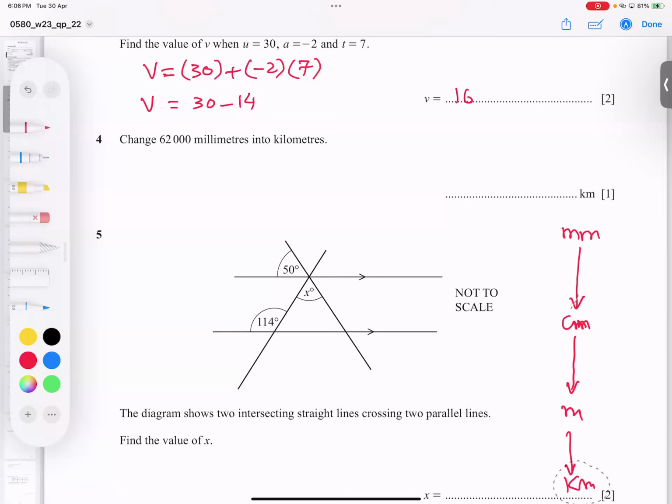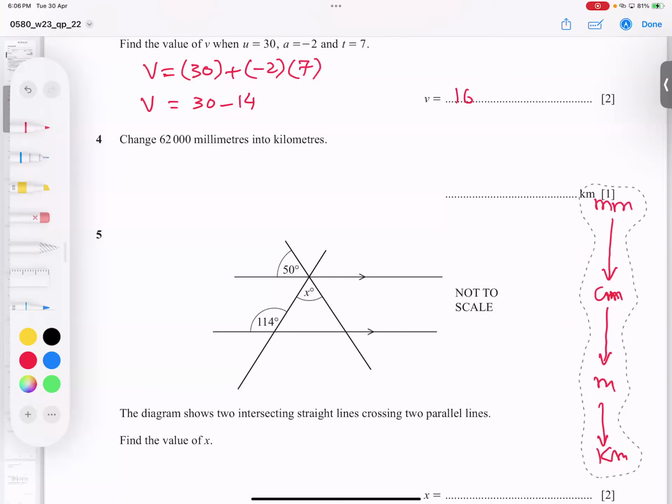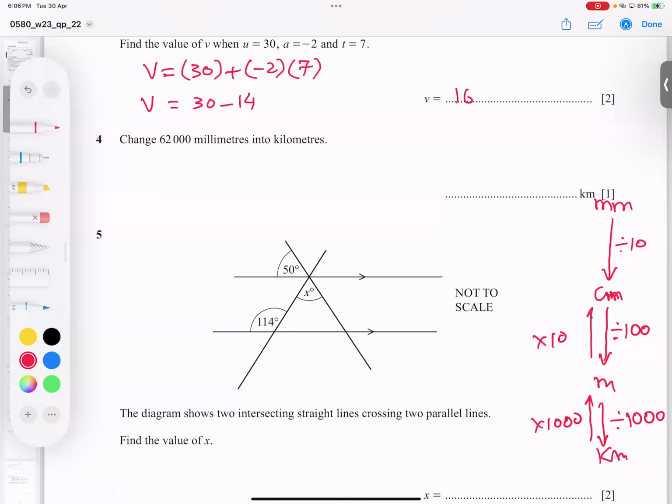Whenever we go from millimeter to centimeter, we divide by 10, and centimeter to meter divide by 100. The zeros increase gradually, and then divide by 1000. When I go backwards, kilometer to meter multiply by 1000, meter to centimeter multiply by 100, centimeter to millimeter multiply by 10.